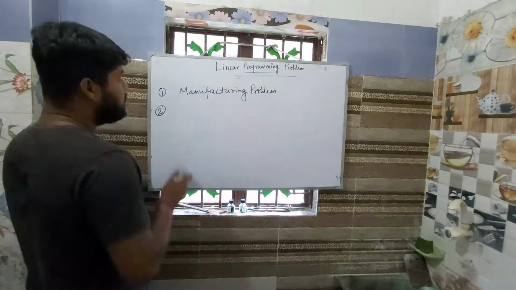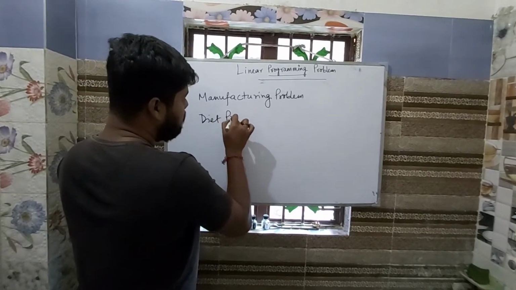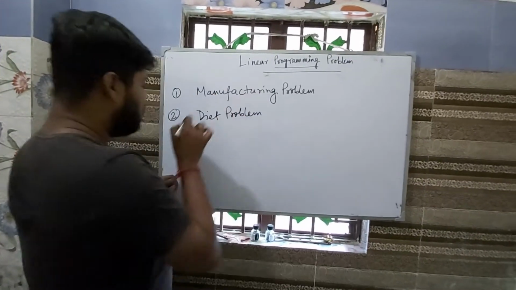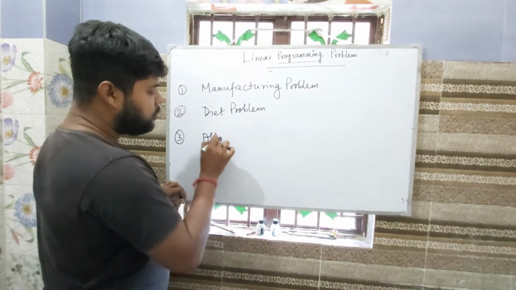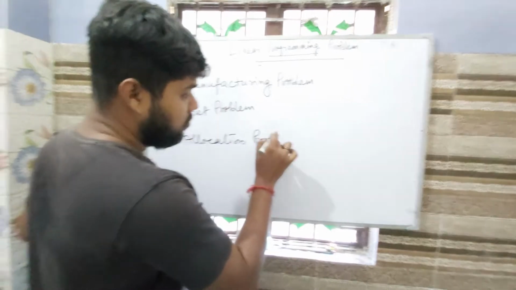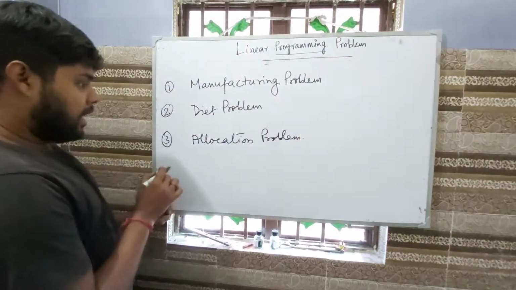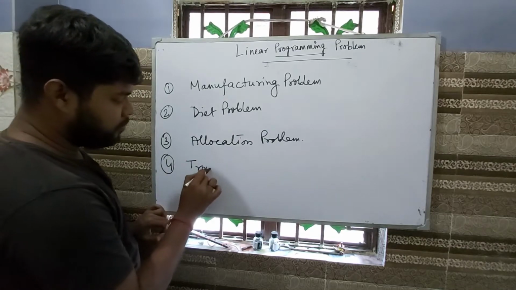Then we have diet problem, third we have allocation problem, and fourth we have transportation problem.